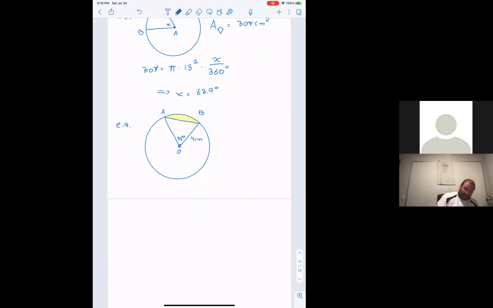If you want to find the area of that, what we can do is find the area of the entire sector, subtract off the area of the triangular part of the sector, and then you're left with the area of the tip of the sector. Pretty sure that has a name. I forgot what it's called though. Whatever.